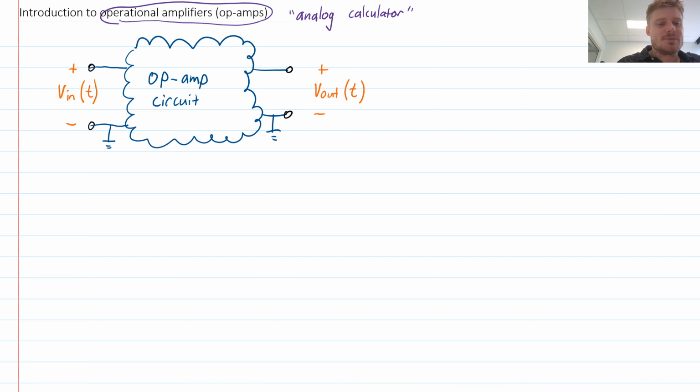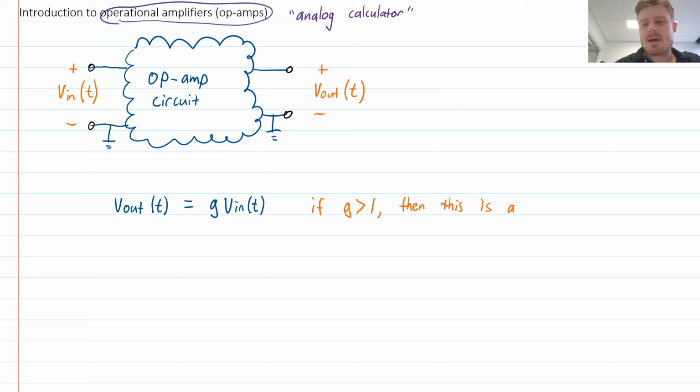As an example, you can do things like have the output voltage be some gain multiplied by the input voltage. So this would be an amplifier circuit. In this example here, if G is greater than 1, then this is an amplifier.